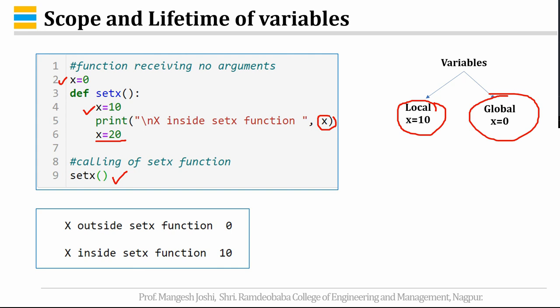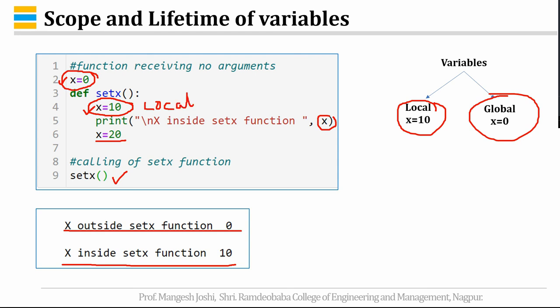If you print the value of x inside the set x function and outside the set x function, what will you get? x outside the set x function will be 0, and x inside the set x function is 10. So this x is different from that. The x defined inside the set x function is local to that function only.